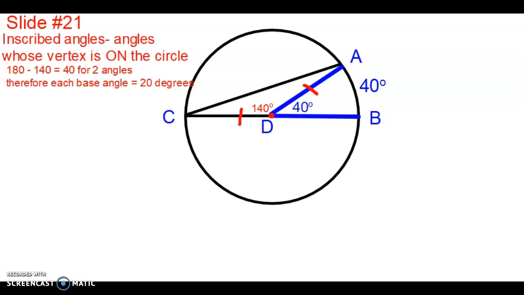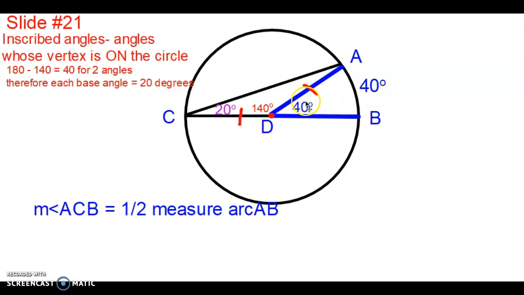Well, now, if this base angle, ACB, is 20 right there, if that's 20, how does that compare to 40? Well, ACB, this angle in purple right there, is half of the arc.